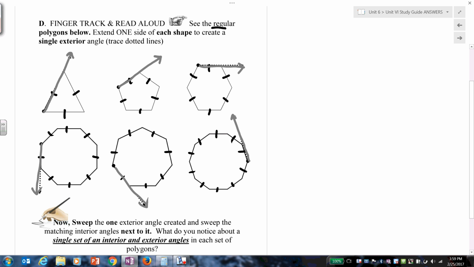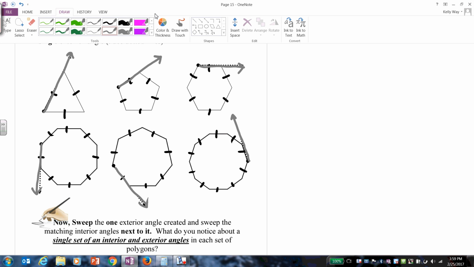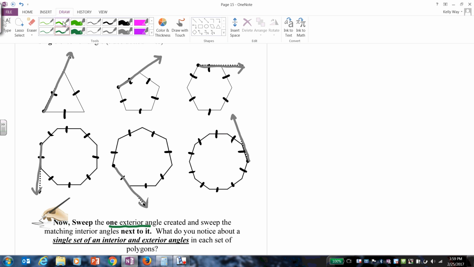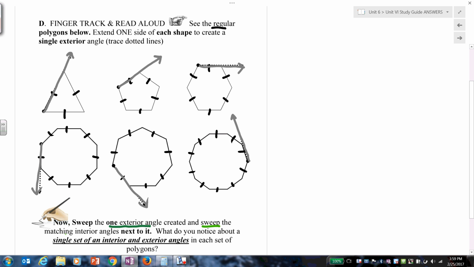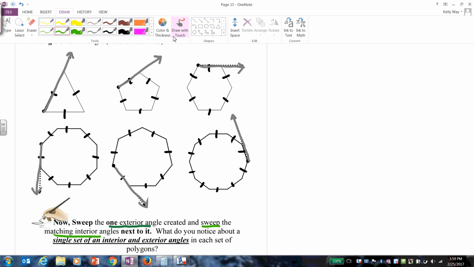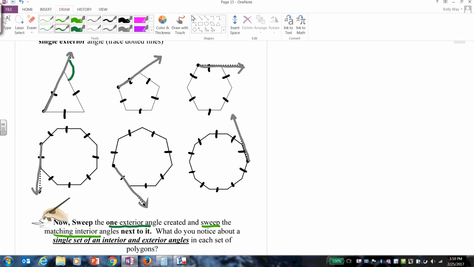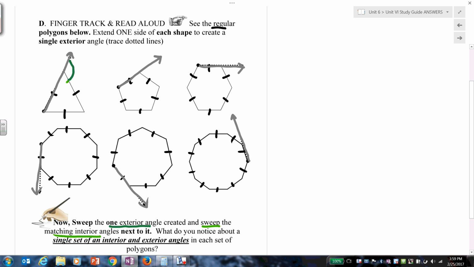So now sweep one exterior angle and sweep the matching interior angle next to it. So one exterior and one interior angle. There's the exterior, keep it together, interior. Keep going.